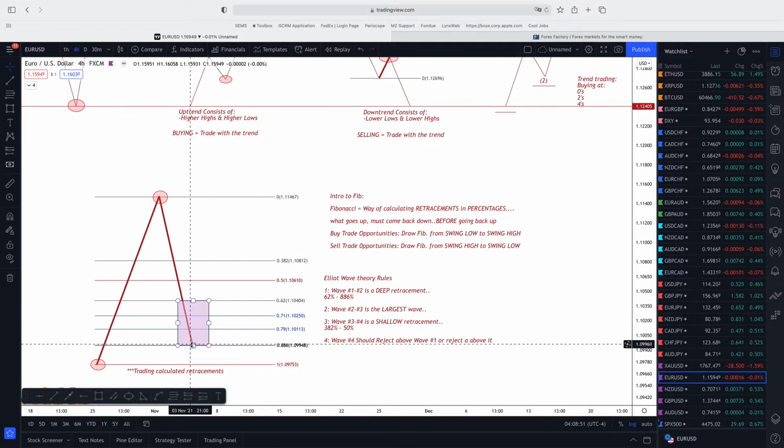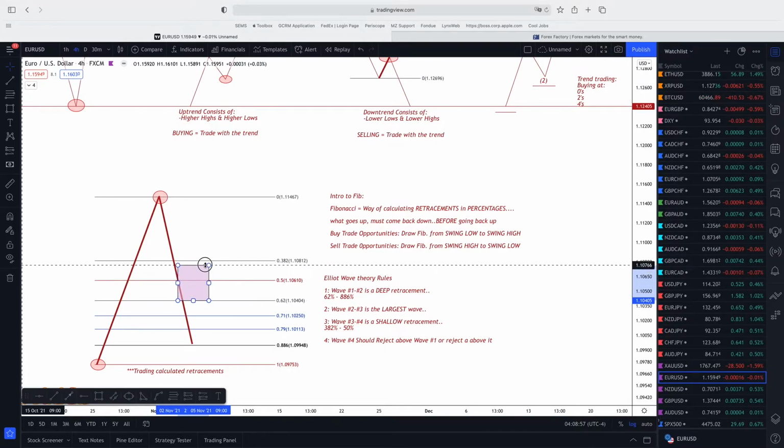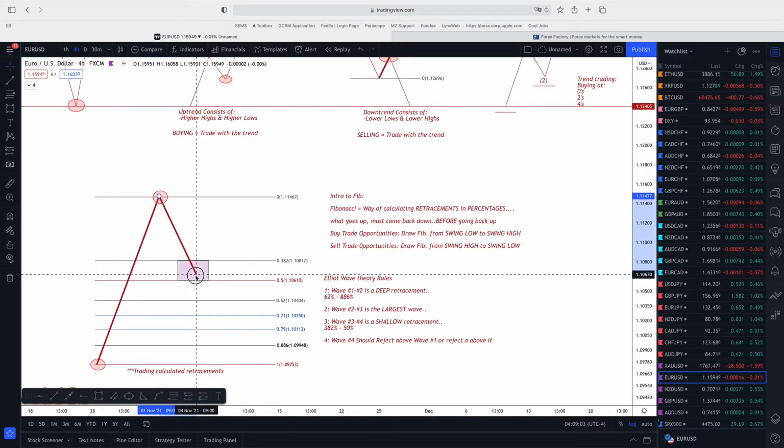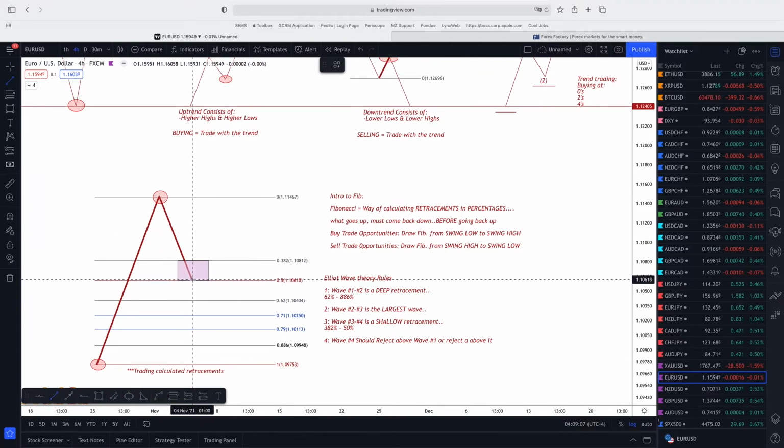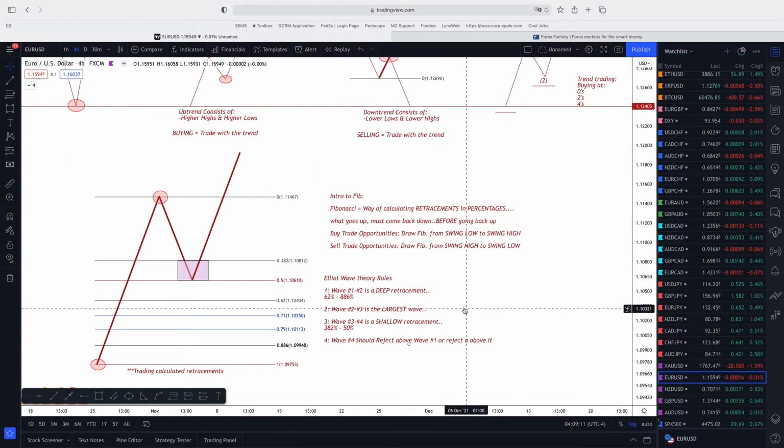So I already know that if this is waves 3 to 4, I'm looking from this 50 to the 38%, and the market should come down anywhere here before making another extension on the way where? On the way up to continue what it's doing.